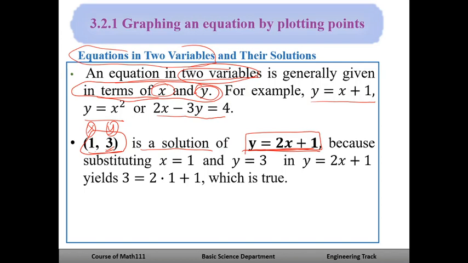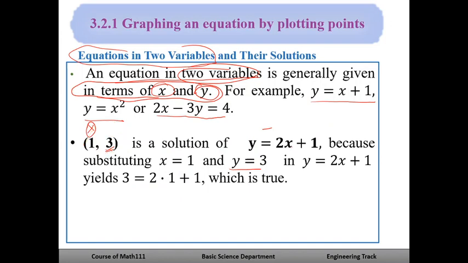So (1, 3) is a solution, because when you put x equal to 1, we get 2 times 1 plus 1 equal to 3. So substituting x equal to 1 and y equal to 3 gives a true equality. So we say it's a solution.